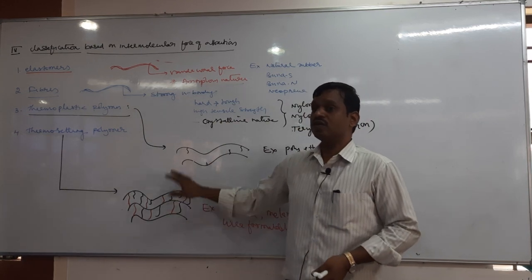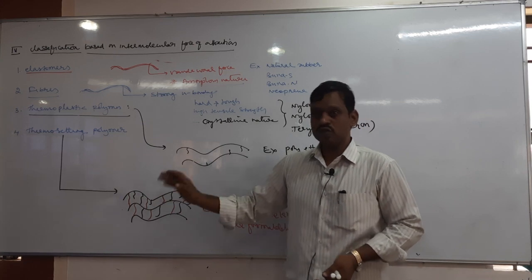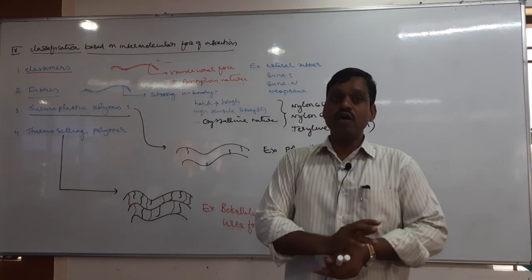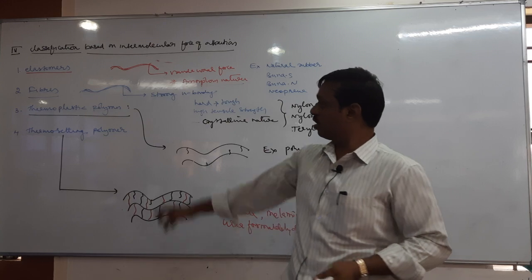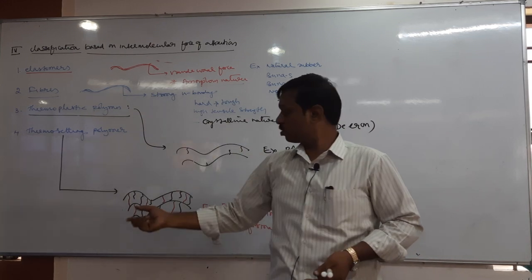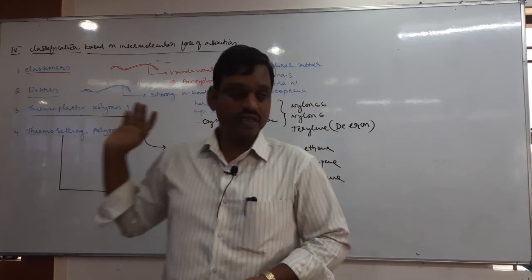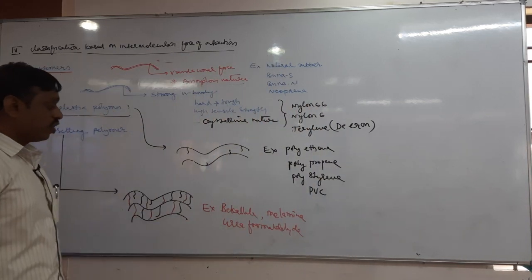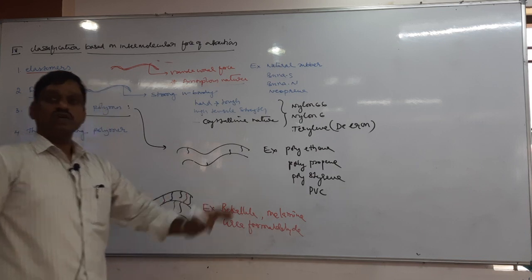These polymers are not reusable. Once used, they cannot be remolded into the desired shape again and again. Examples are Bakelite, melamine formaldehyde, and urea formaldehyde. These three are examples of resins.